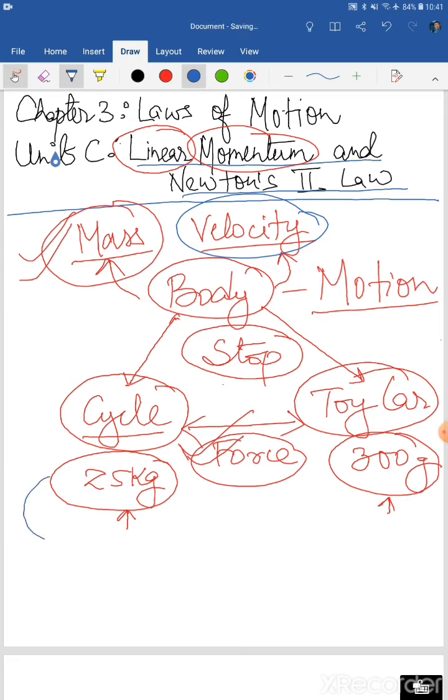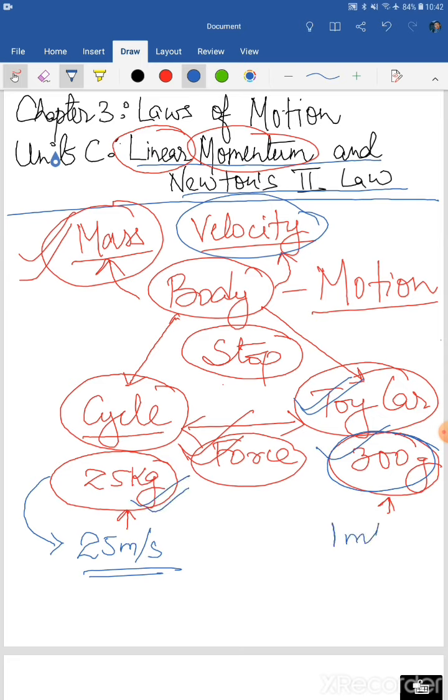Suppose this cycle is moving very slowly. For example, say that it is moving 1 meter per second. So the speed is very slow here for the cycle. Are you getting my point? But this toy car, which has a very small mass as compared to the cycle, is moving with 25 meter per second.